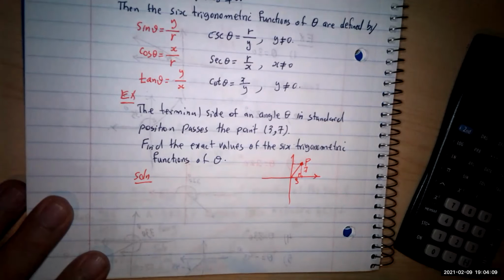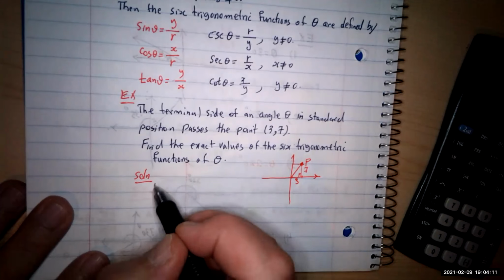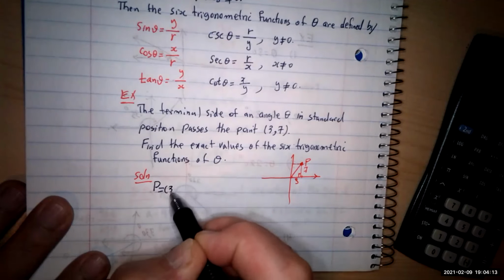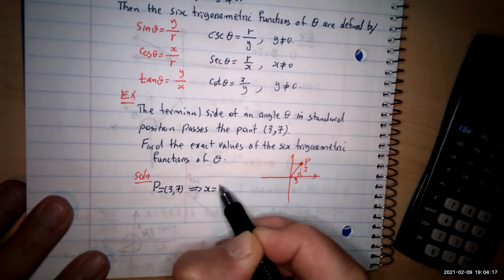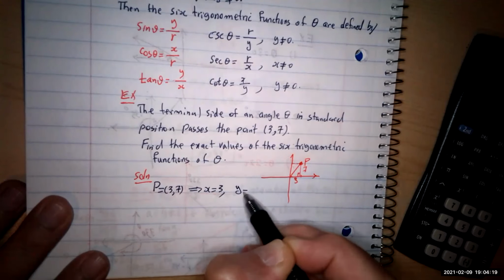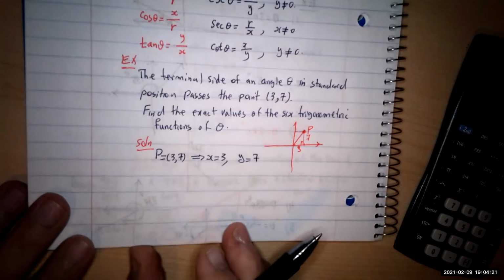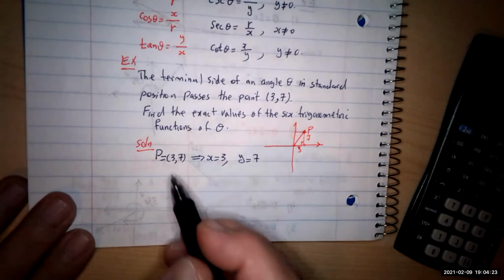Get the r first. Remind yourself that the point P is at (3, 7). So x is equal to 3 and y is equal to 7. Get the r right away.